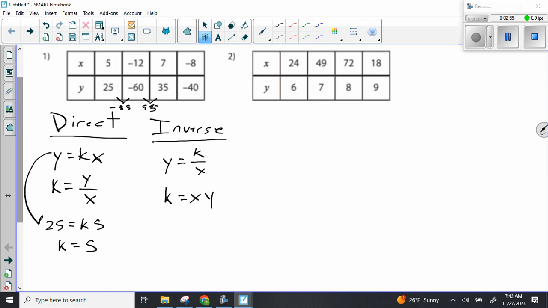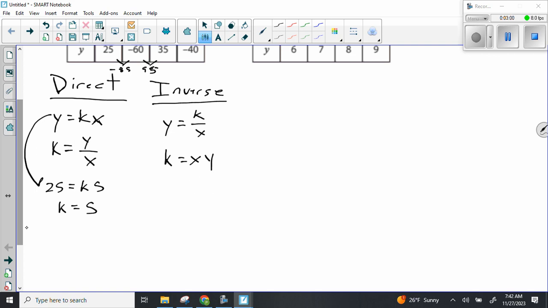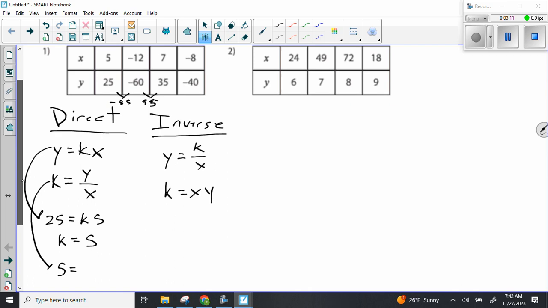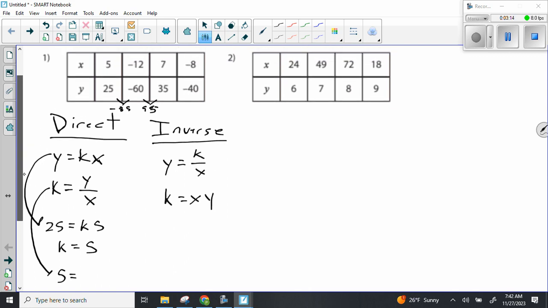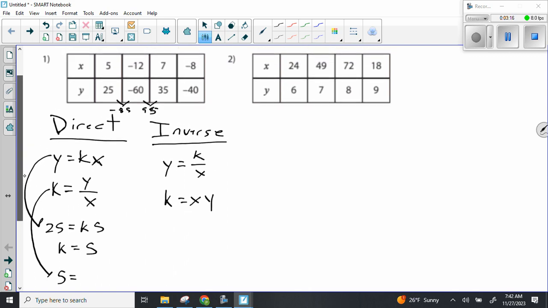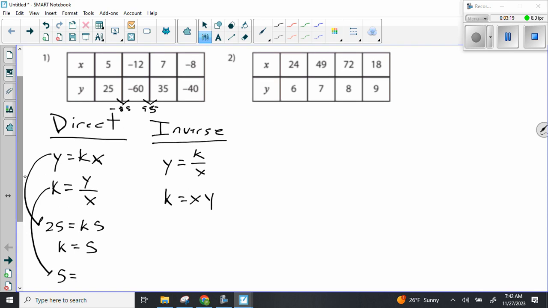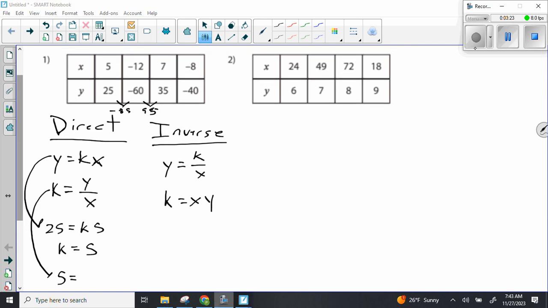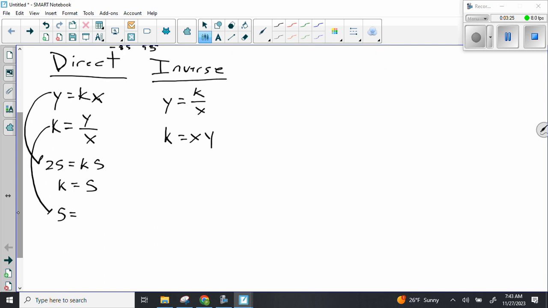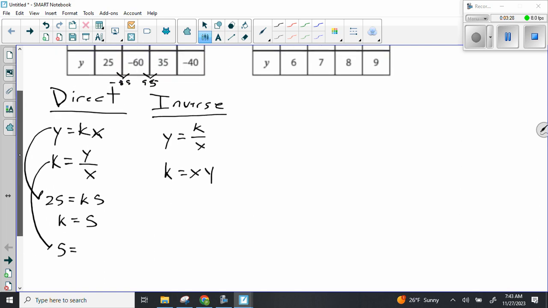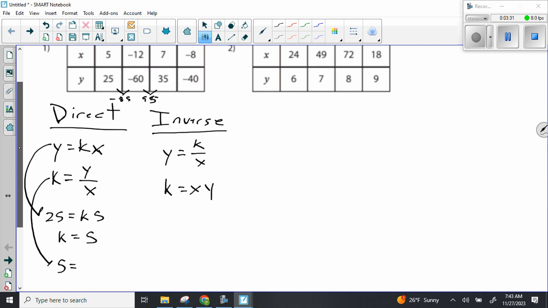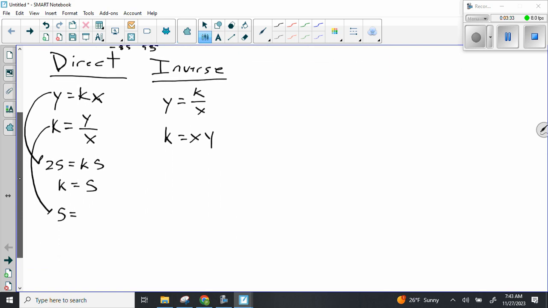Is it the case that k is y over x? Is it true that 5 is equal to y over x? It would be true.